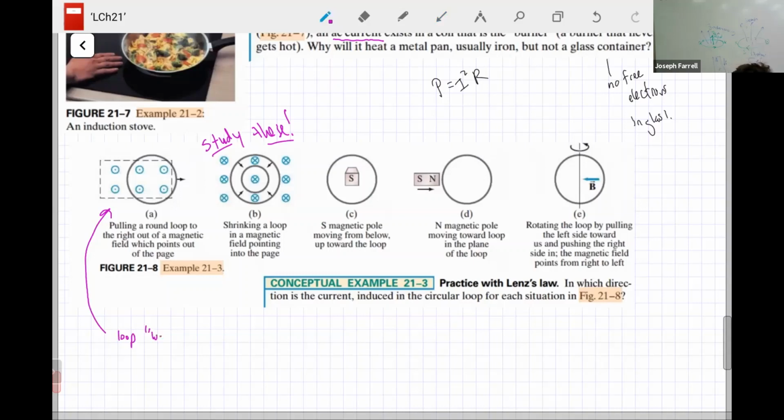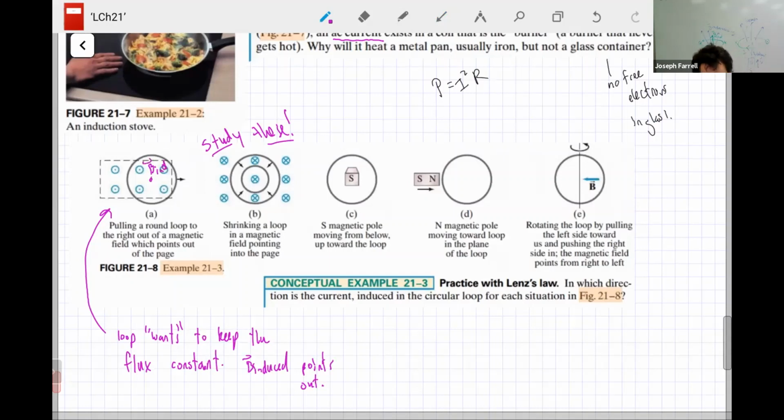I'm going to say the loop wants to keep the flux constant. So that means it wants to have a B induced that points out of the page. So that's the idea. Our B induced has to point out.